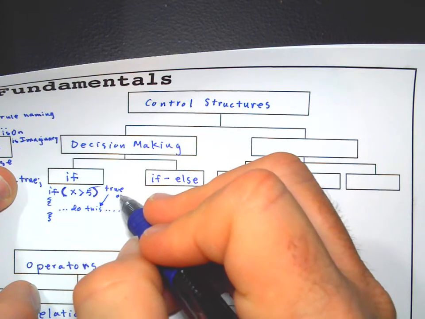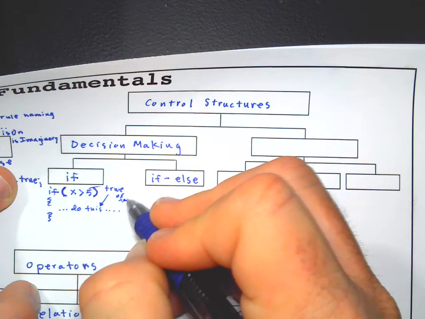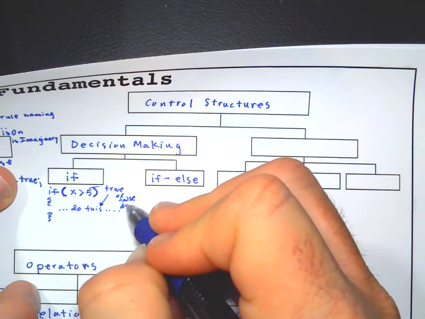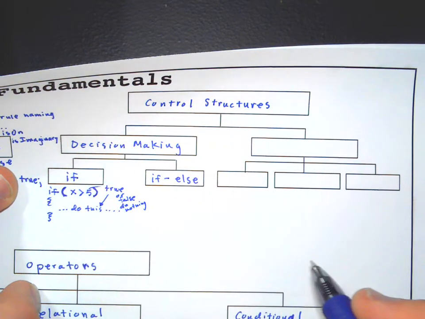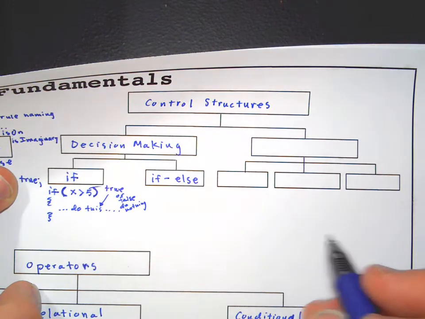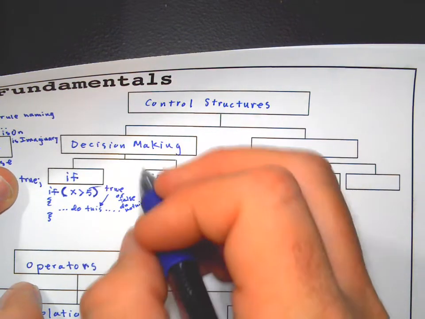If it's false, then you do nothing in this situation. Okay. Now, if you do want to do something in the false situation, that's when you use an if else.